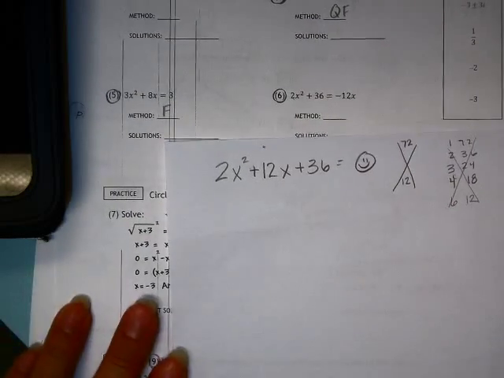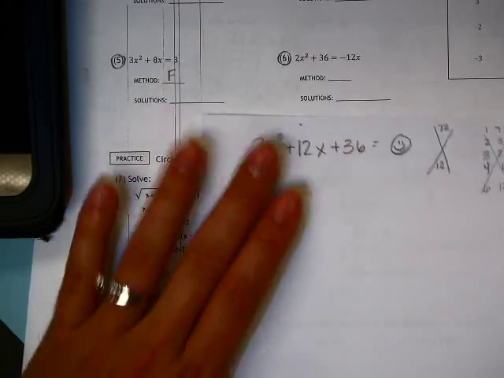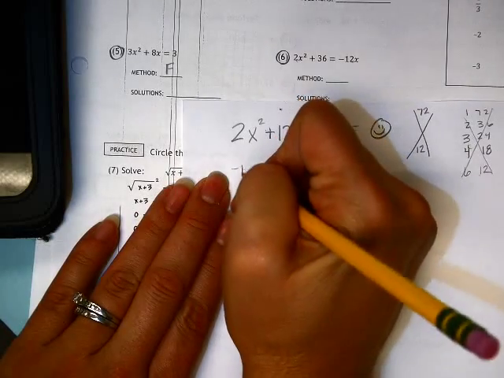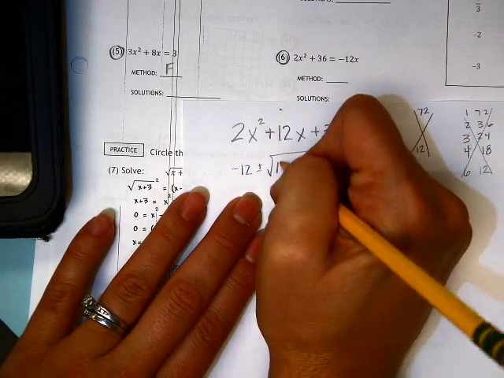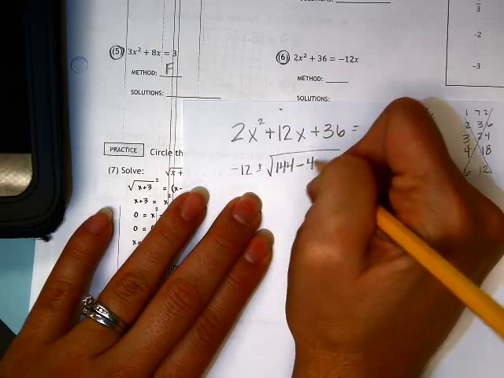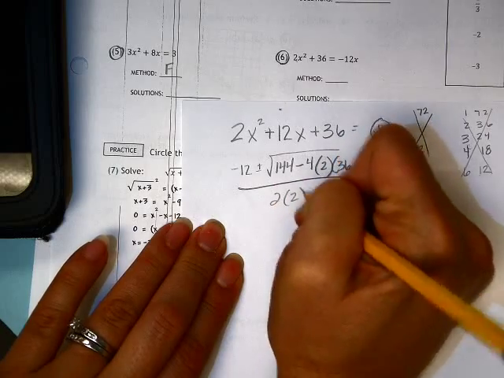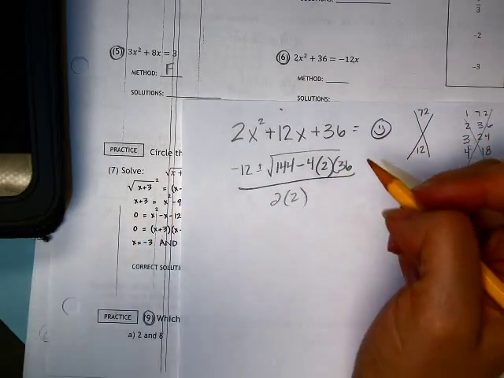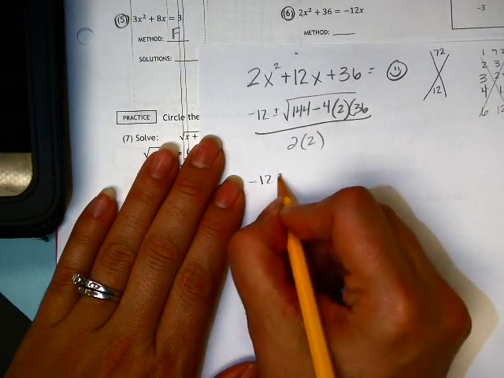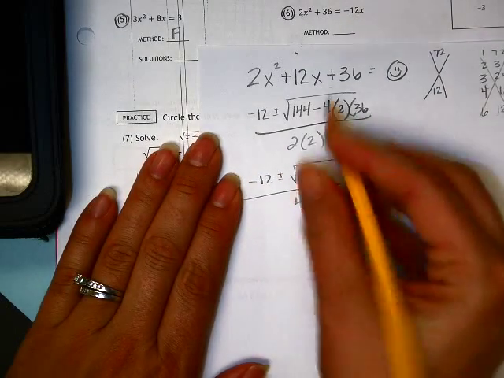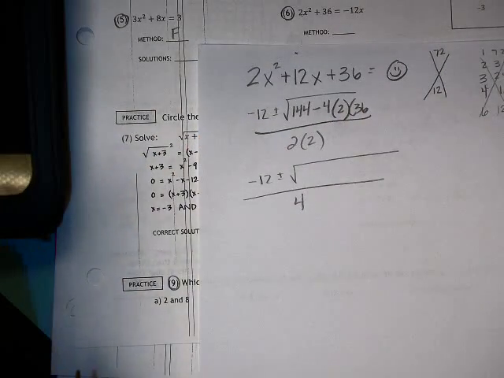So now we will use the quadratic formula. So for the quadratic formula, we have negative b plus or minus the square root of b squared minus 4ac all over 2a. I just sang that song for you. Isn't that just lovely? So we have negative 12 plus or minus the square root of 144 minus, let's see, 4 times 2 times 36.